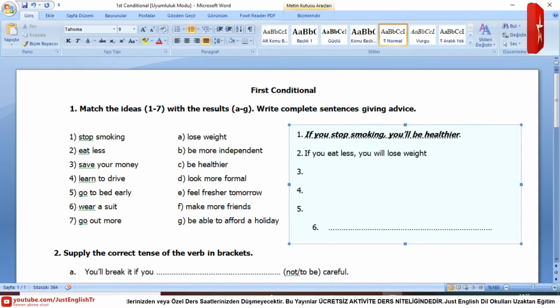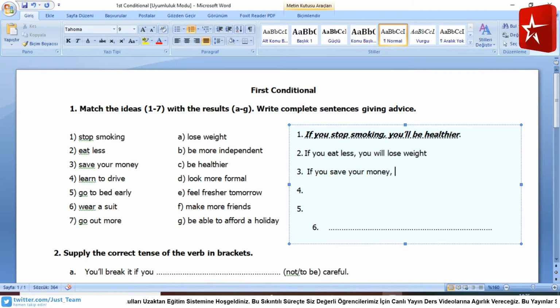And number 3, save your money. Can you help me, please? If you save your money, can you make the rest of the sentence?